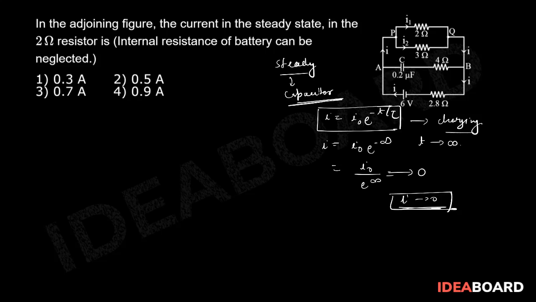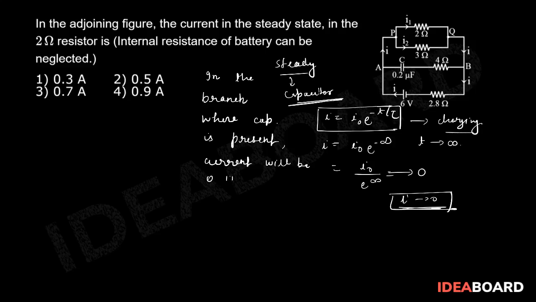That means in the branch where capacitor is present, current will be 0 in the branch.